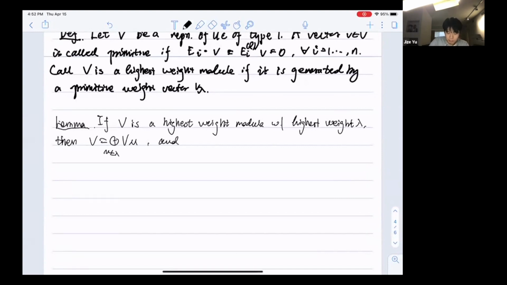Moreover, the top weight space is the C-span of v_λ. I will skip the proof, it's really analogous to the classical case.